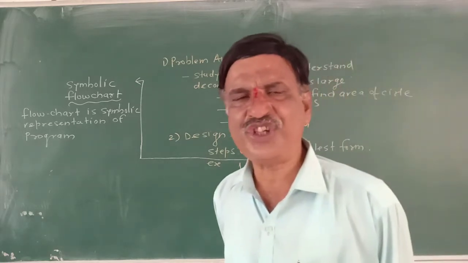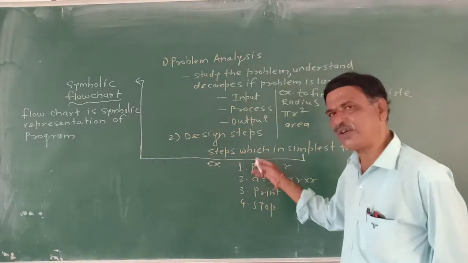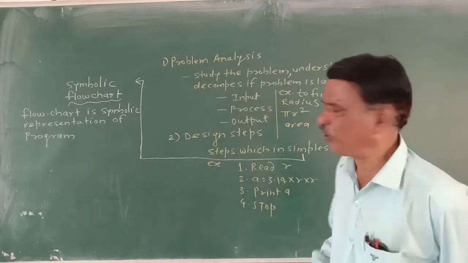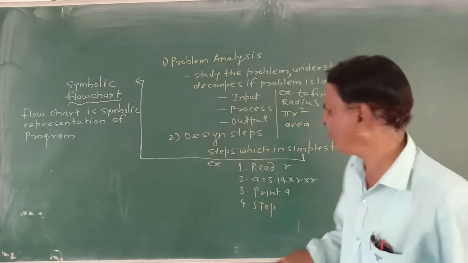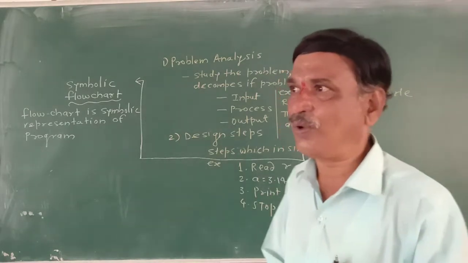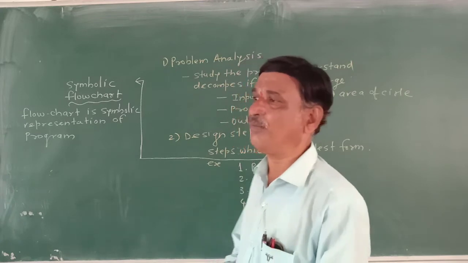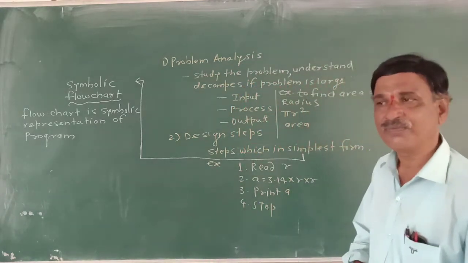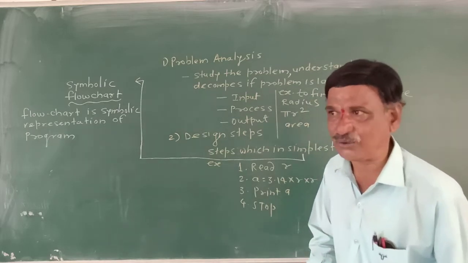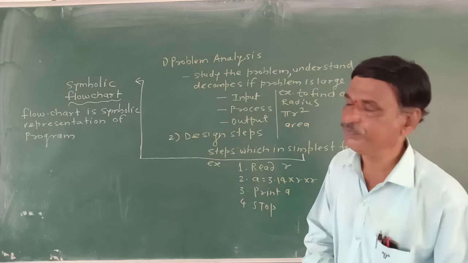A program is a set of instructions which can be given to the computer. Actually this is also a set of instructions, but we can't give it to the computer because this is in English language or in simplest form, in our language which we can understand. That's why this is not a program, but not less than a program.